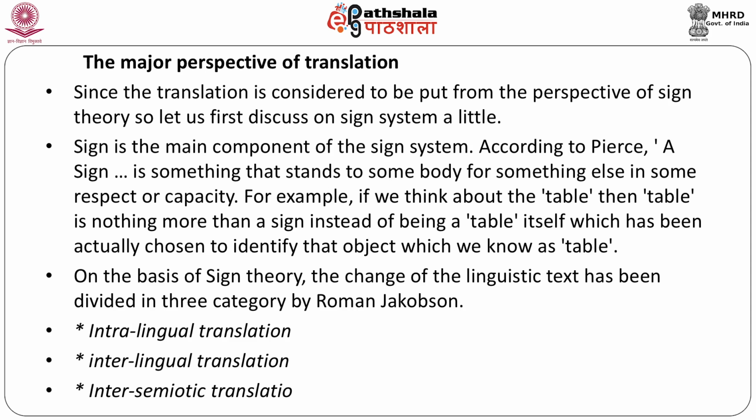In other words, we can say that for an Indian, table could be of different dimensions and different shapes, whereas for a Japanese, the table could mean a different style or a different dimension. We have dining table, we have study table, and Japanese have kotatsu, which is again a kind of table with the heater beneath, and like that.